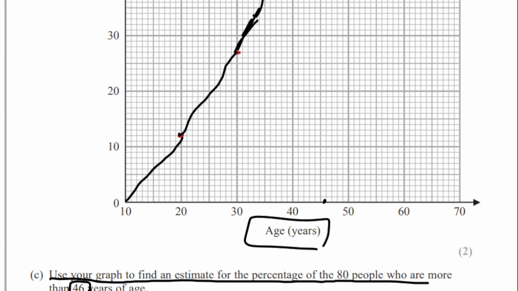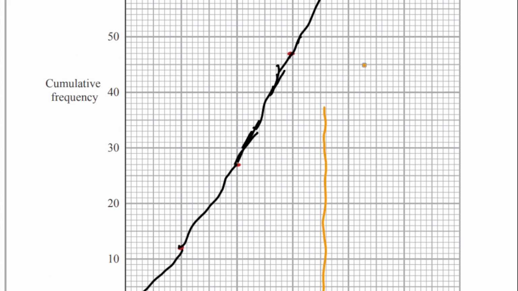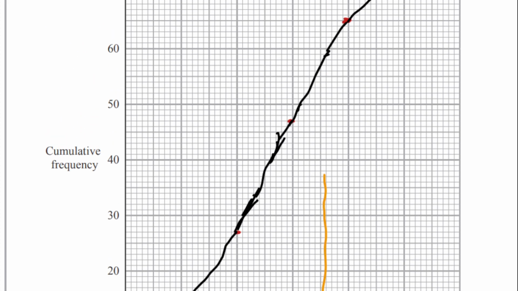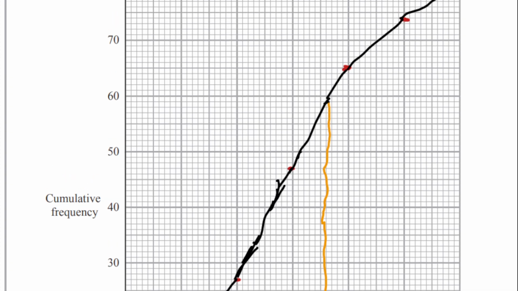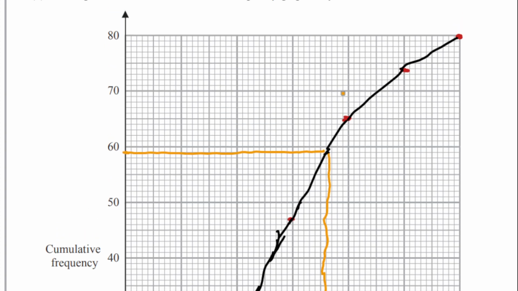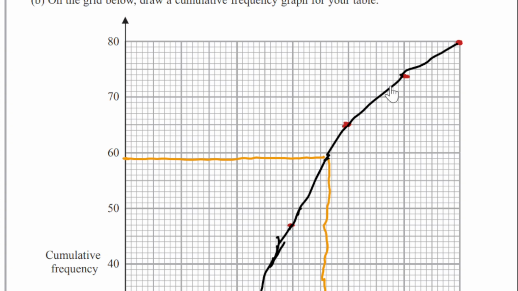This is 46. Let's now go up on this line until we cross the line we made earlier. From this point, you go there until you get to this point. That's good. Now, let's count how many are there.